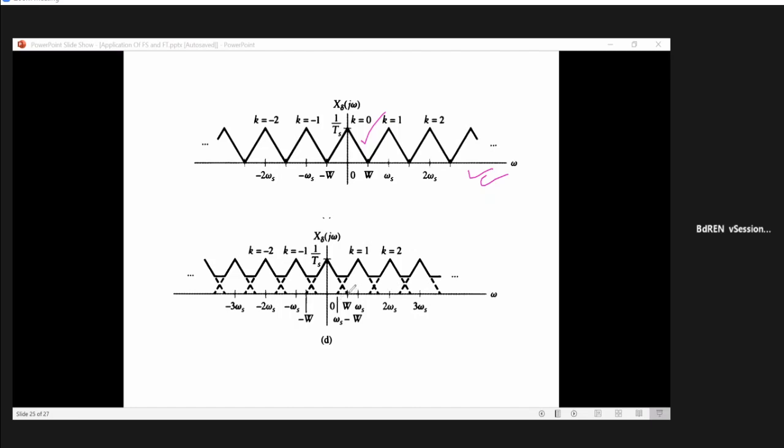Now you see a spectrum occurring something like this, and another spectrum, and another spectrum. So this frequency is say W and this frequency is omega S minus W, isn't it?